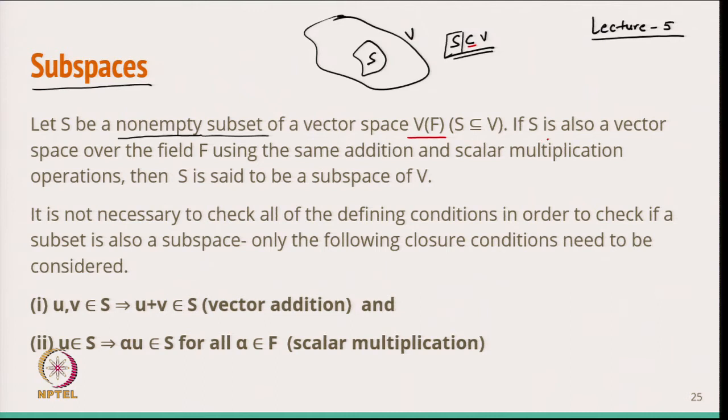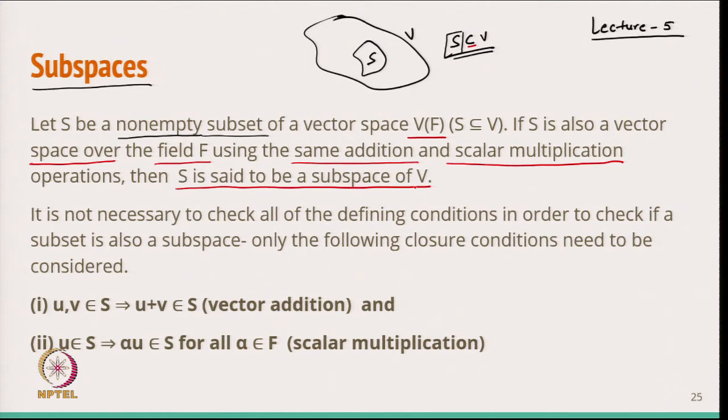Now, if S is also a vector space over the same field F, using the same vector addition and scalar multiplication, that you have to keep in mind, then S is said to be a subspace of V.